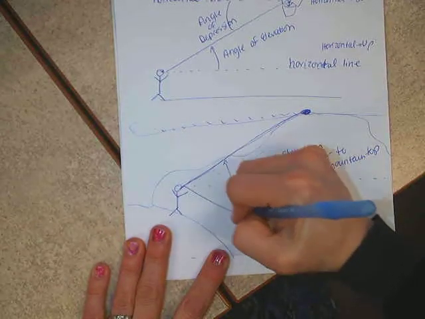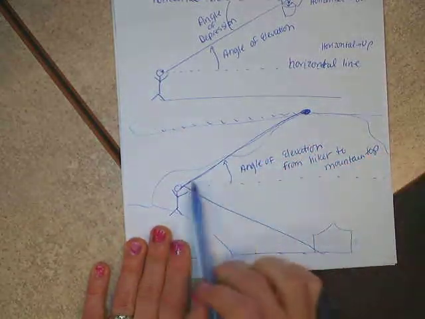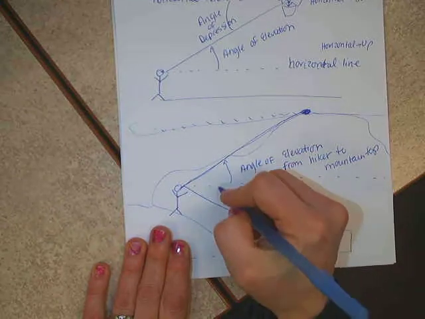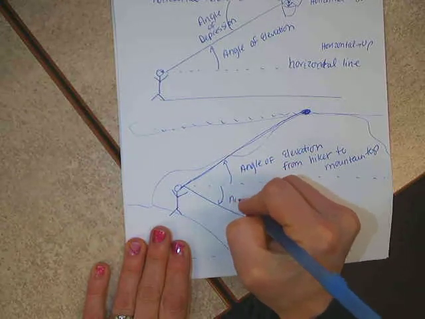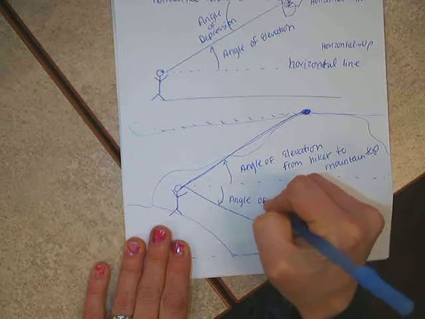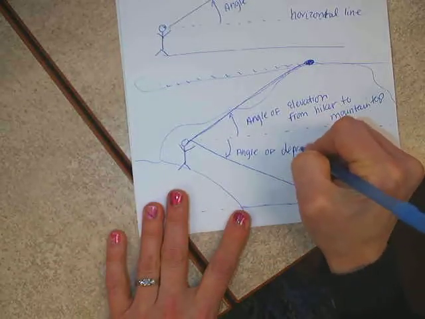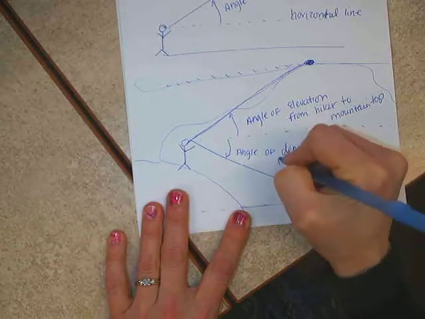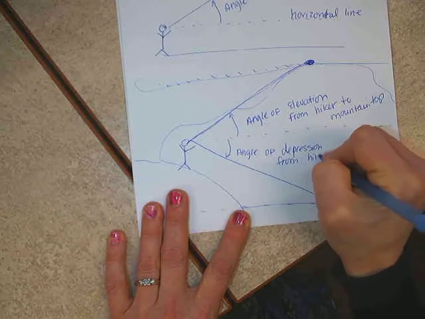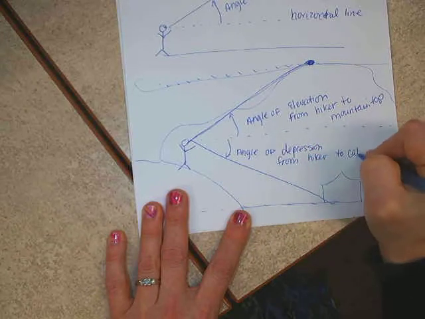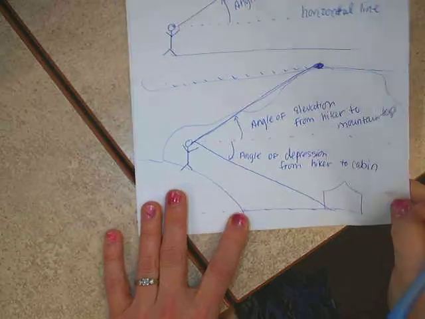Okay, but from the hiker down to the house in the valley or the cabin, from his horizontal down would be considered an angle of depression. From the hiker to the cabin.